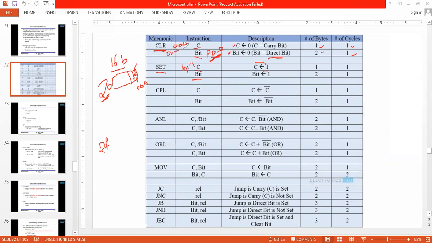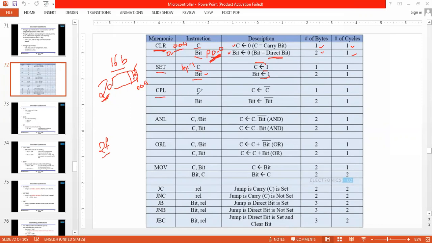So I can write an address from 20H to 2FH, or I can write any bit accessible register in the place of bit. So we are going to write 1 upon that bit. Clear is going to make it 0. Set is going to make it high, logic 1.